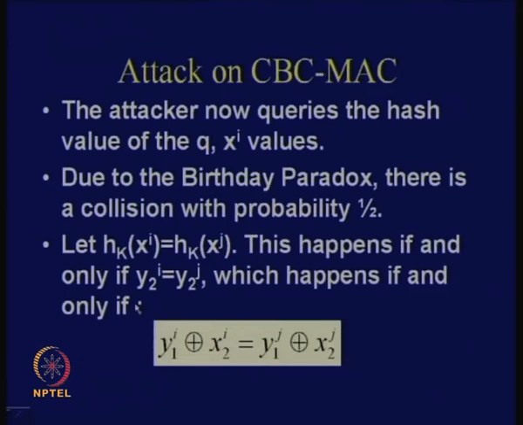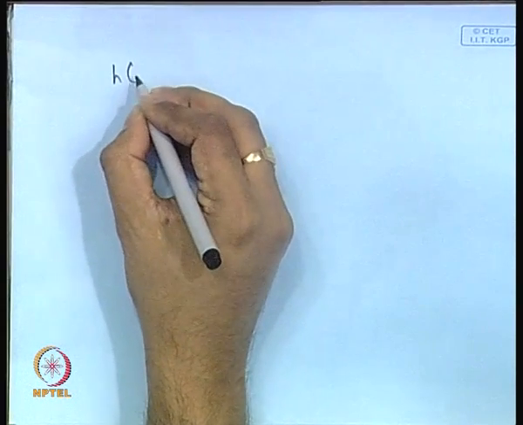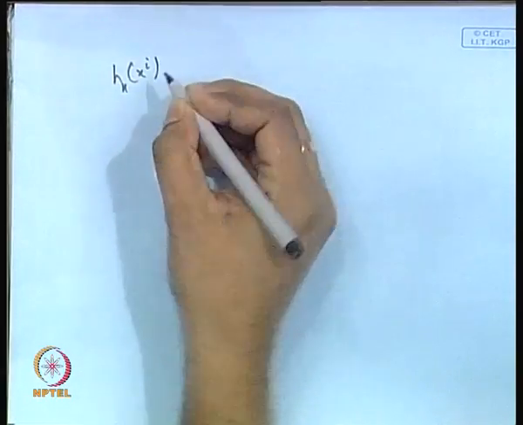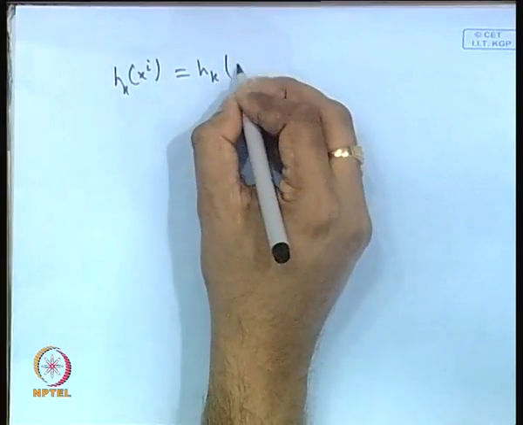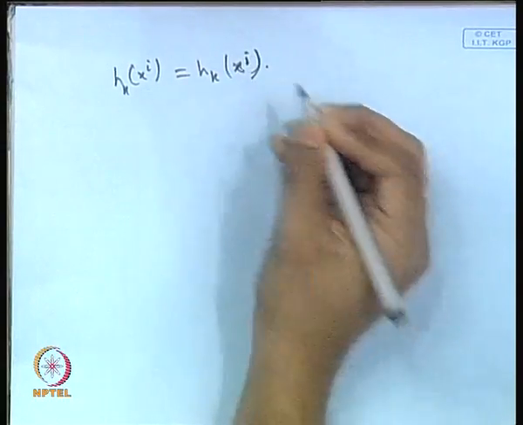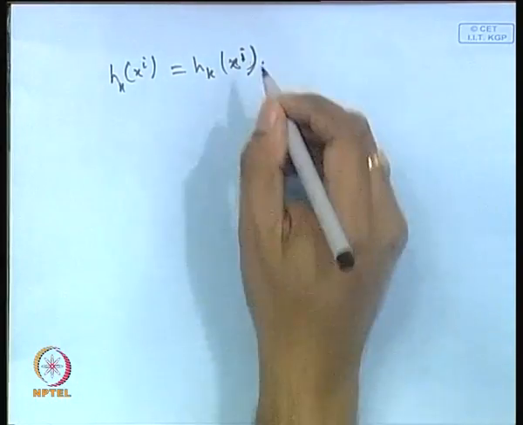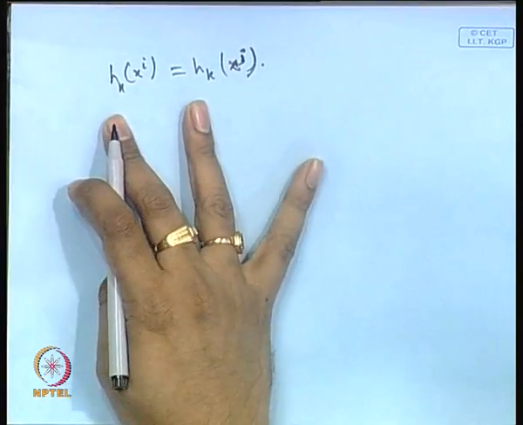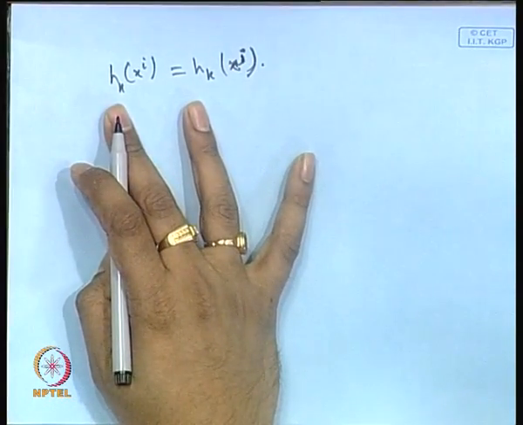Suppose that h_k(x_i) and h_k(x_j) are colliding. You understand why h_k(x_i) and h_k(x_j) will collide, because of the birthday paradox.